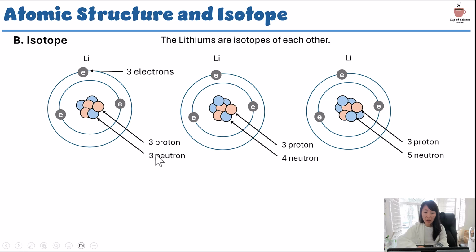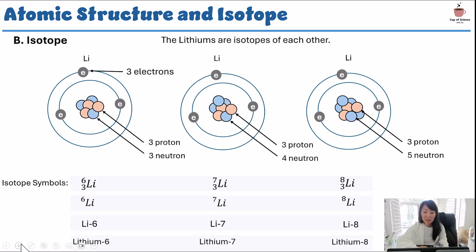This one has 3 neutrons, 1, 2, 3. This one has 4, and this one has 5. But they're all lithium. However, these are isotopes of each other. Isotope means that they are all lithium, but they just have a different number of neutrons.